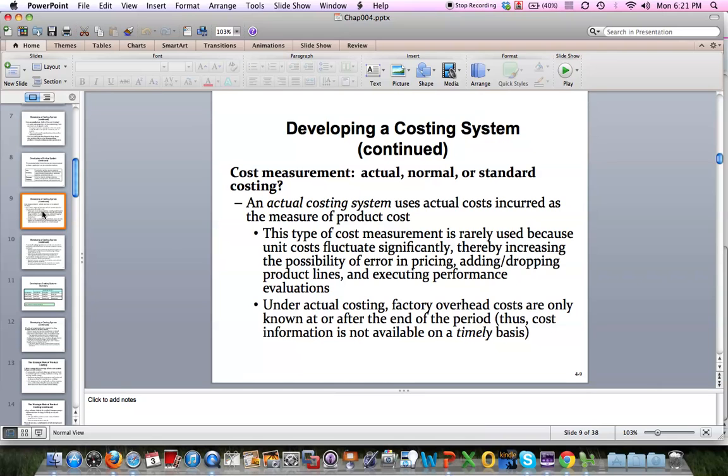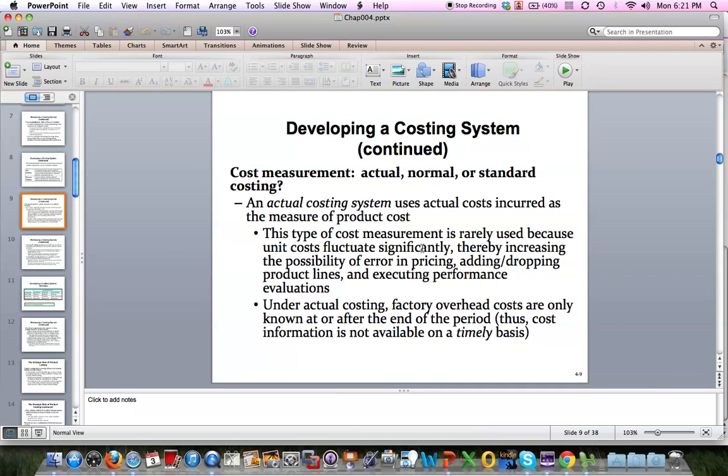But I also want you to understand that the actual system, while it's obviously going to be the most accurate because we're always just capturing all the actual costs, is not used that often. It says this type of cost measurement is rarely used because unit costs fluctuate significantly, thereby increasing the possibility of error in pricing, adding, or dropping product lines. We might make bad decisions if we use this system.